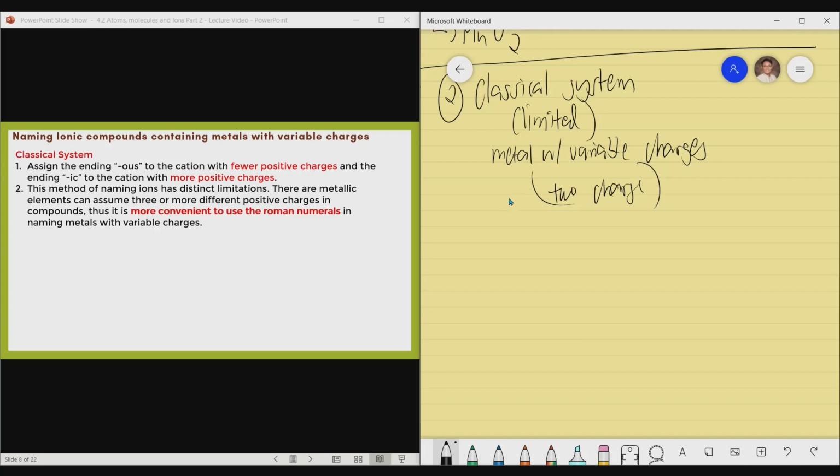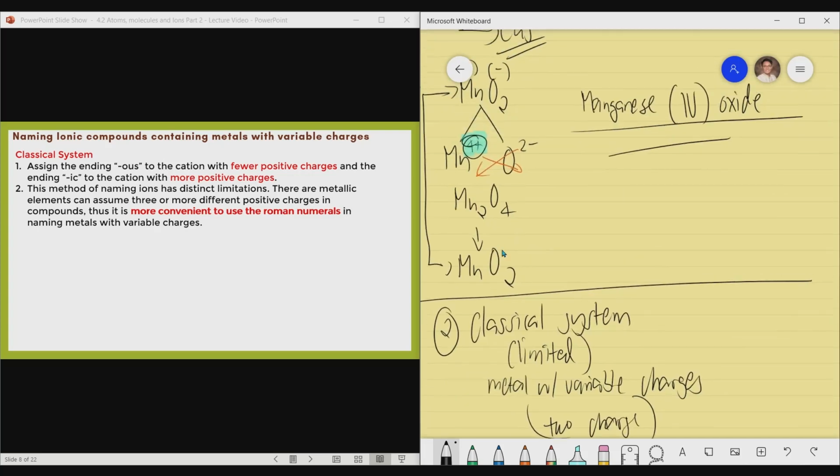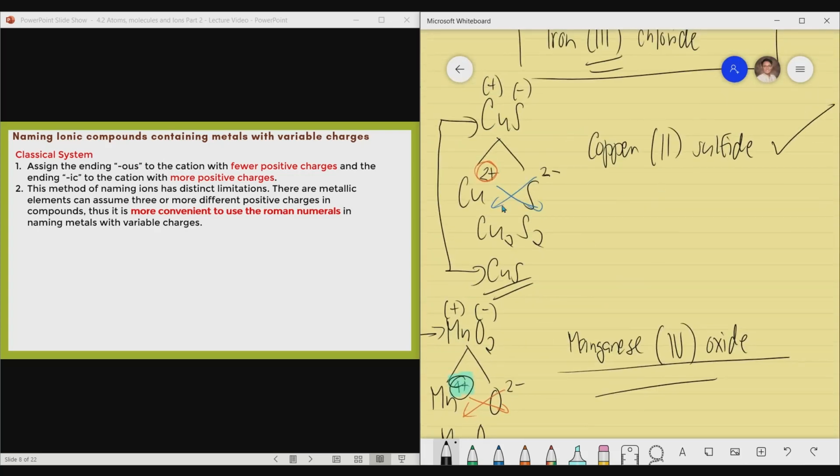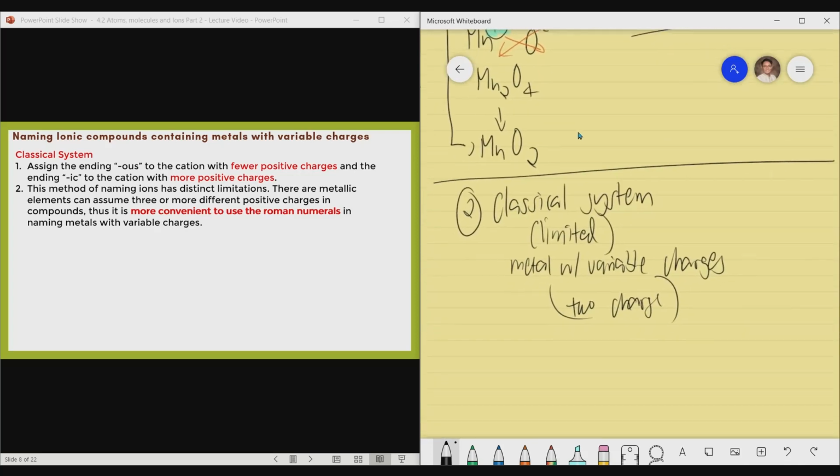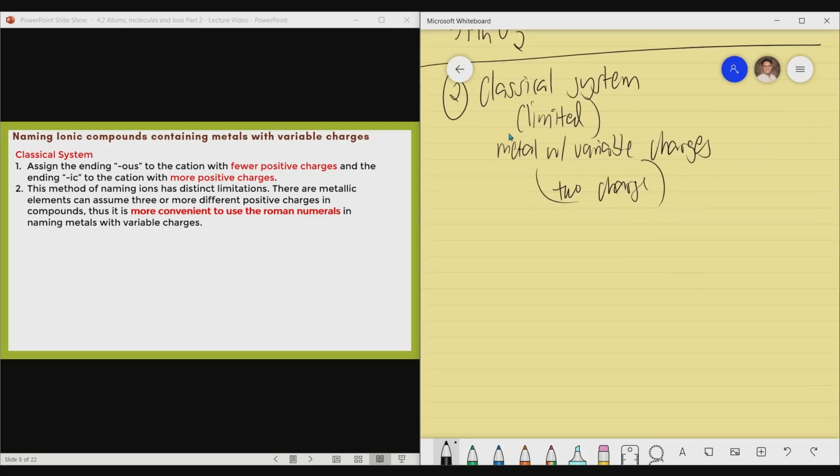Kung tatlo o higit pa yan, hindi po magandang gamitin tong classical. Mas magandang gamitin si stock system, okay? Yung nauna po natin, itong stock system, mas maganda ito gamitin kung ang metal ay mayroong tatlo o higit pang charges. So si classical, best siya gamitin kung hanggang dalawa lang yung charges.